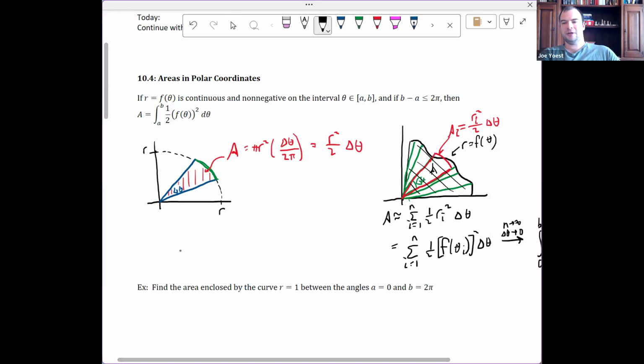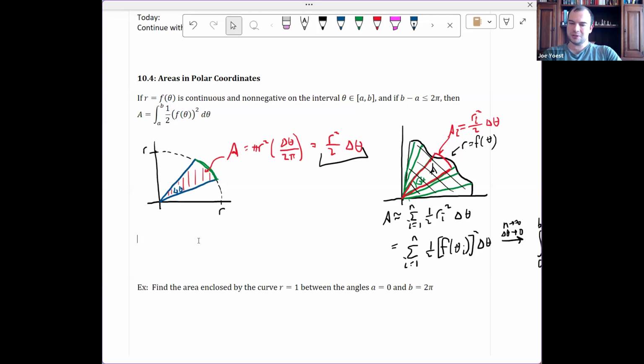So it really comes right out of this little circular segment area. We basically created Riemann boxes, but now they're kind of like Riemann slices.